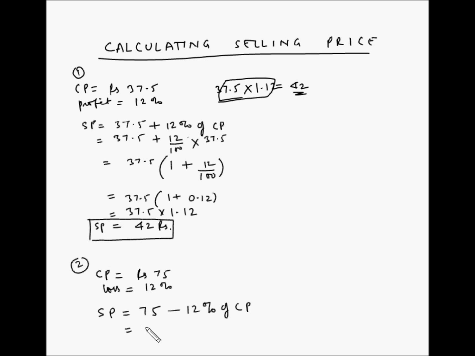So this is equal to 75 minus 12 by 100 multiplied by the cost price, which is 75. So basically this expression is to find out 12% of 75.